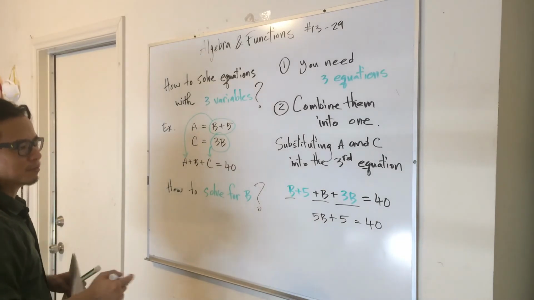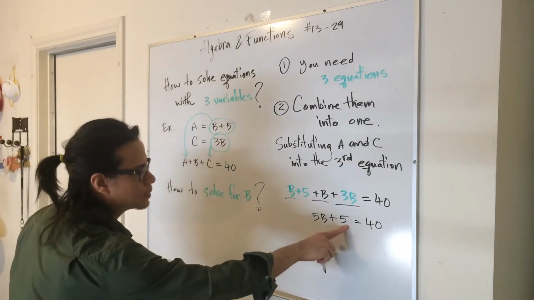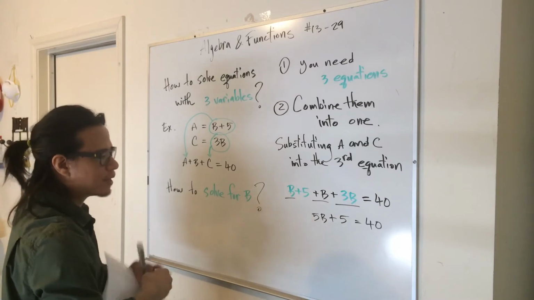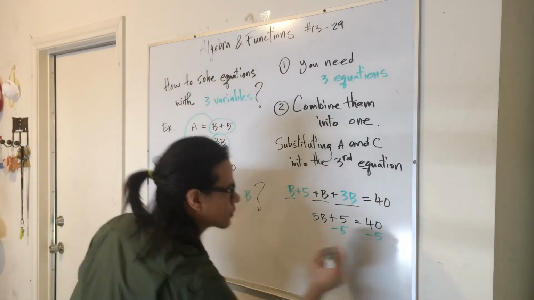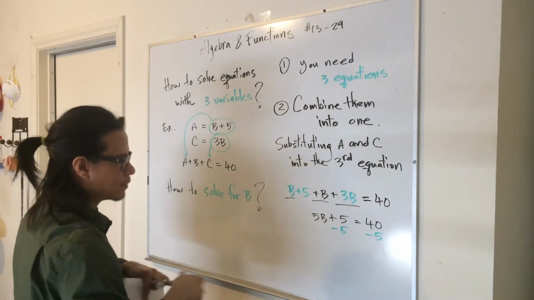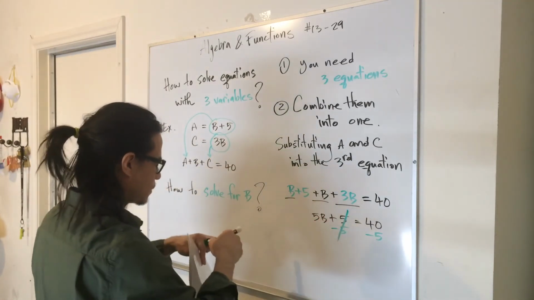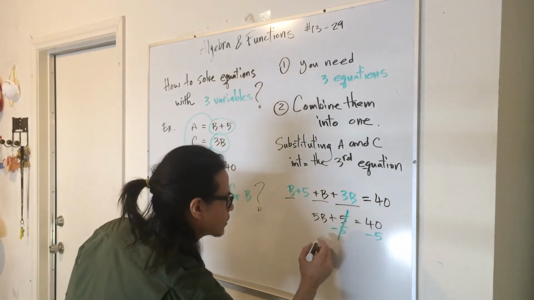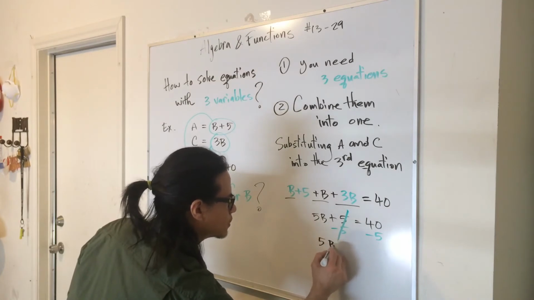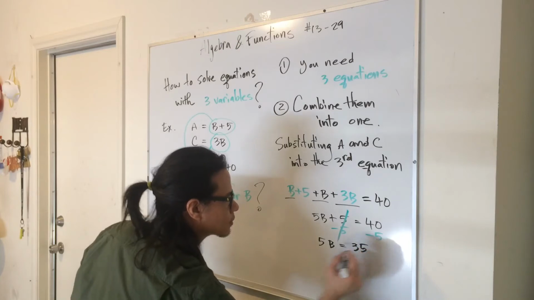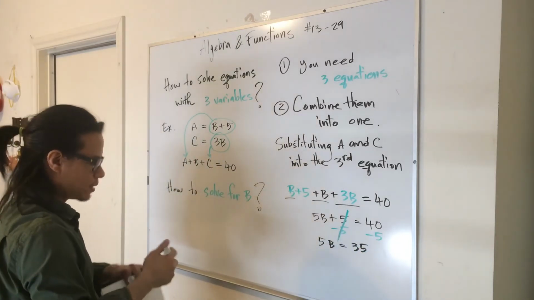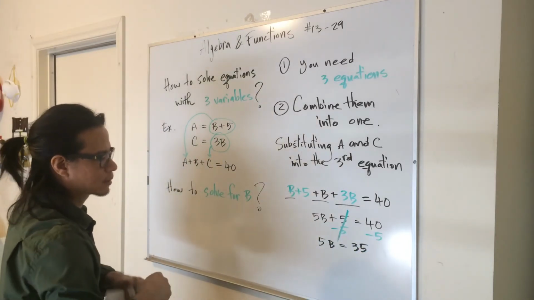Okay, we're almost home. So let's undo the 5. What's the opposite of plus 5? Okay, the 5 cancels out. 5b is equal to 40 minus 5. Okay, let's get rid of the 5.